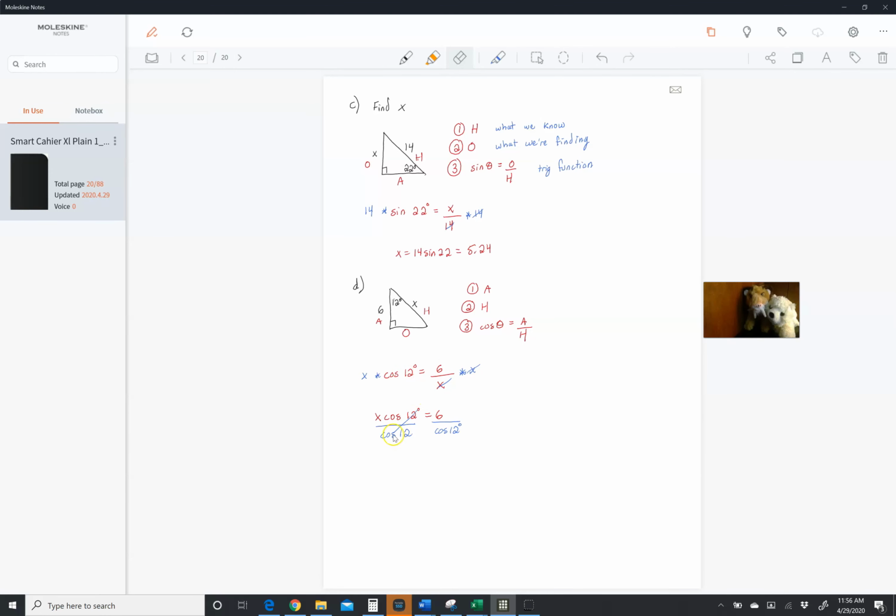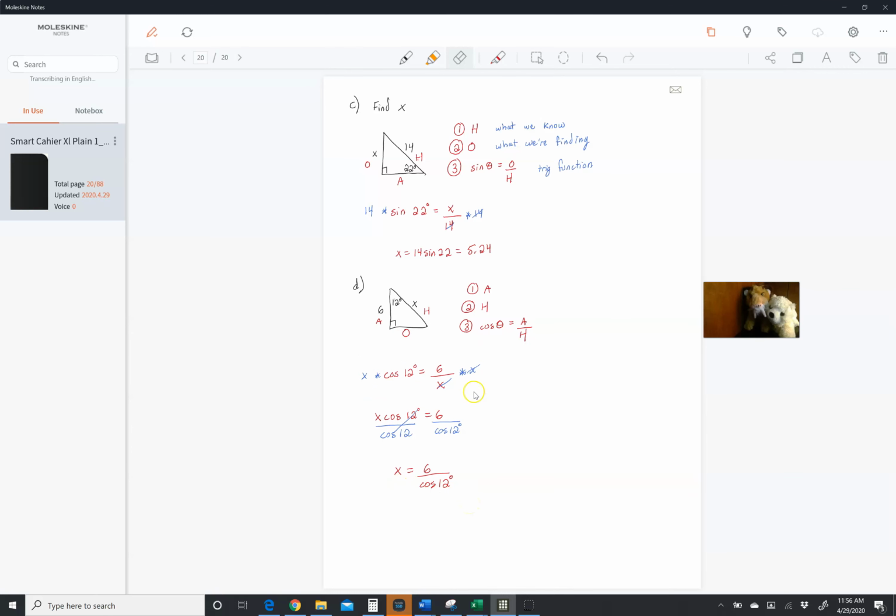In other words, you can go straight from this trig function set up to this one, which says that x is equal to 6 over the cosine of 12. So you're just switching the trig function with x. Every time that you do this process, that's what's going to happen.